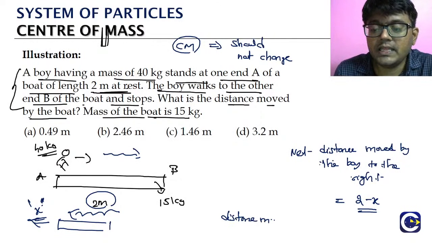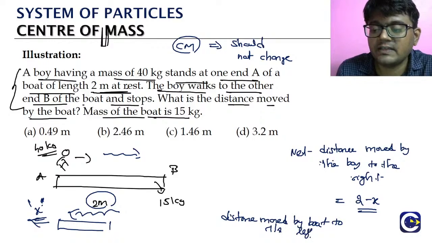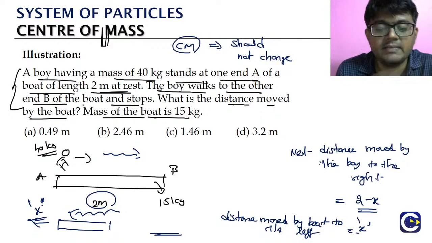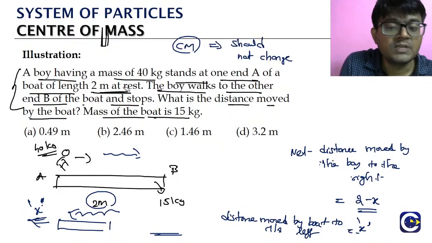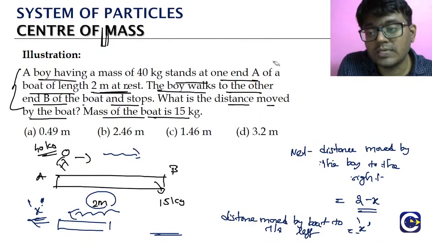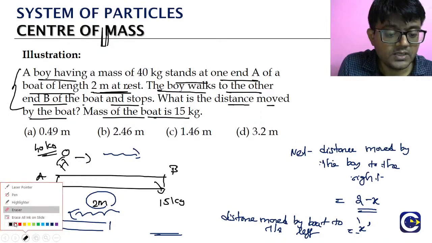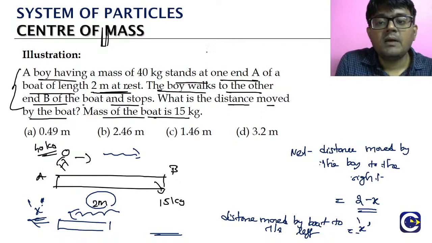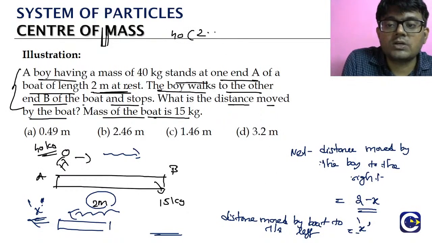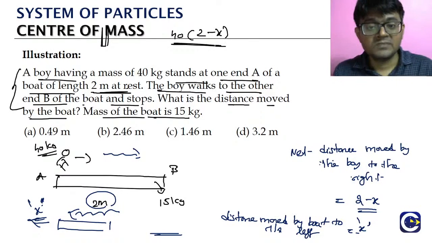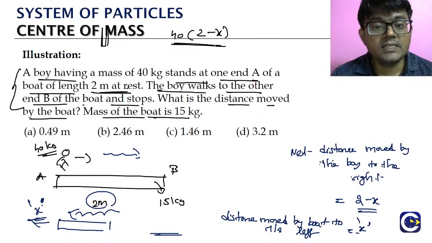The distance moved by the boat to the left side is x. To maintain the center of mass location as it is, the mass of the boy times the net distance moved towards the right, which is 2 minus x, this is what we call the moment of mass.